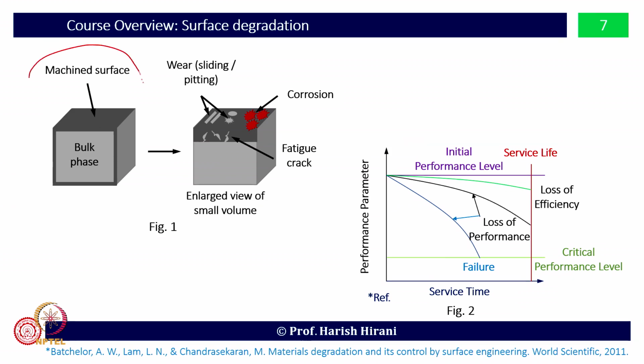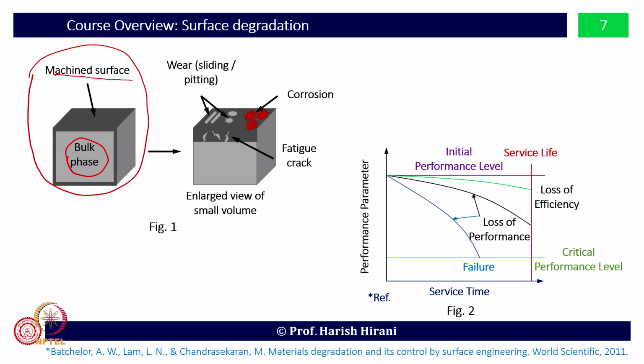Let us take an example, maybe in a better and more detailed way. We say that every surface has some sort of core material also, what we call the bulk phase. So, what we are trying to cover is that the surface damage, or the damage, starts from a surface, and finally it will cause a bulk failure.